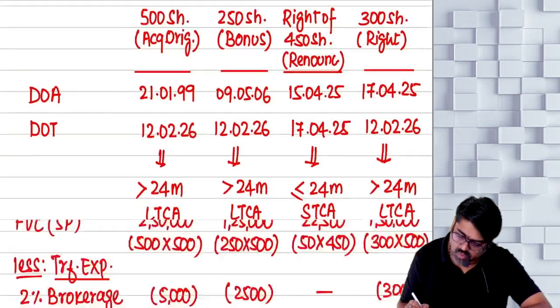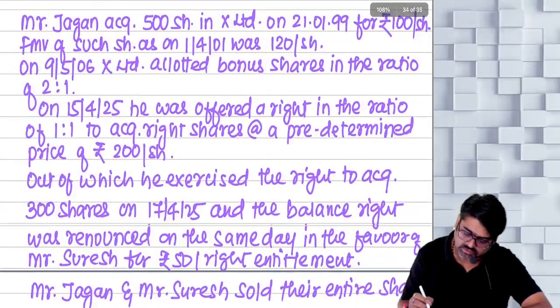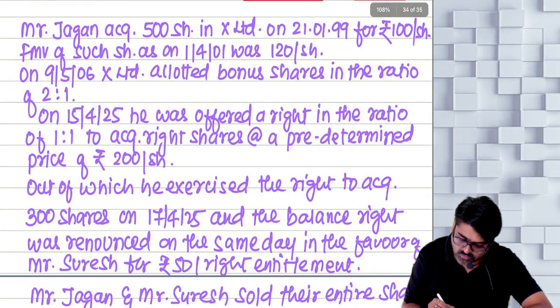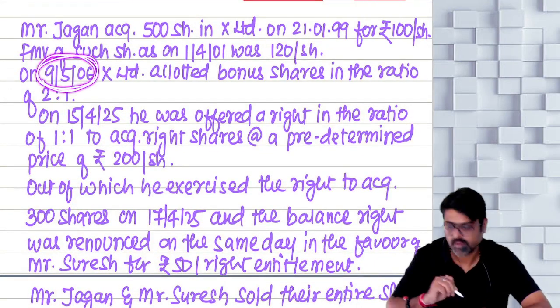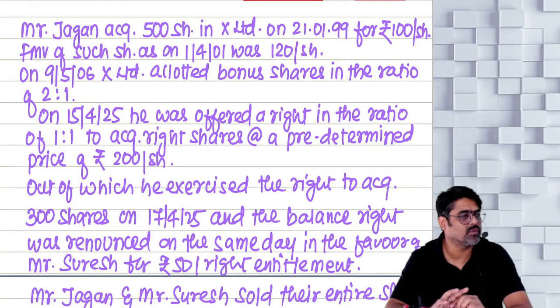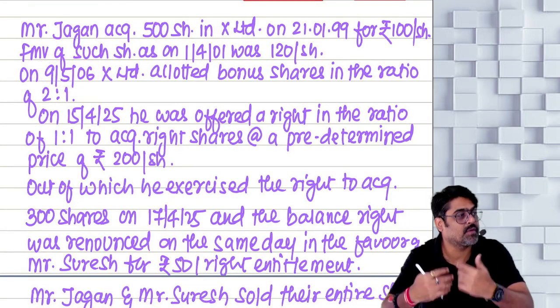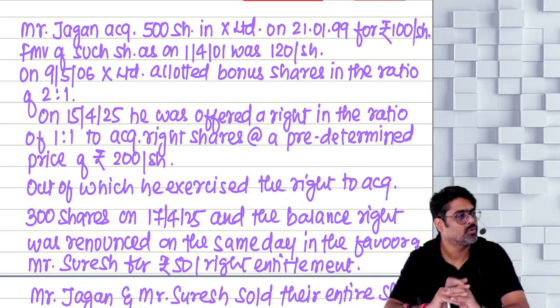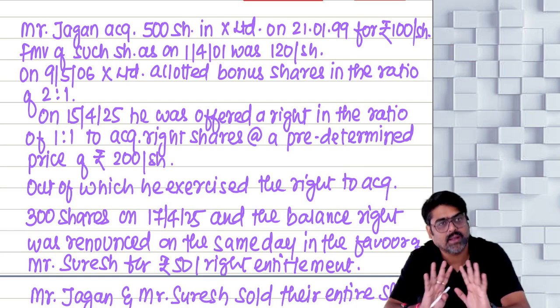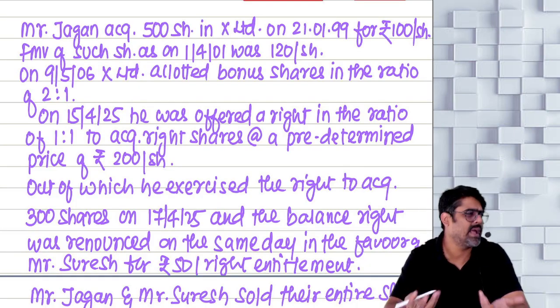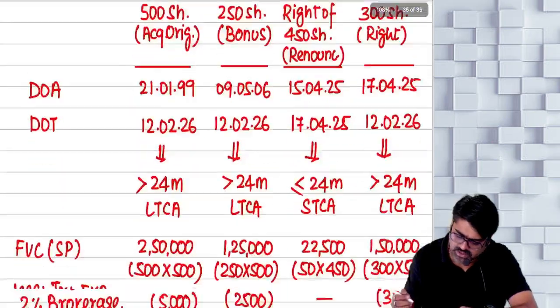Now for the bonus shares, sir, bonus shares, check now. Bonus shares were allotted on what date? 9th of April 2006, meaning on or after 1st April 2001. So the bonus shares are acquired on or after 1st April 2001. What will be the cost of acquisition? Actual cost, which is nothing but nil.